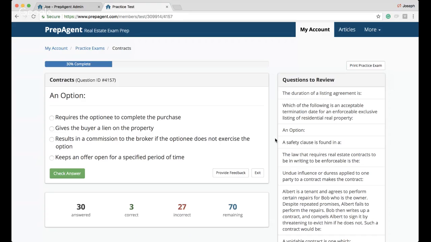An option requires the optionee to complete the purchase, gives the buyer a lien on the property, results in a commission to the broker if the optionee does not exercise the option, keeps an offer open for a specified period of time.